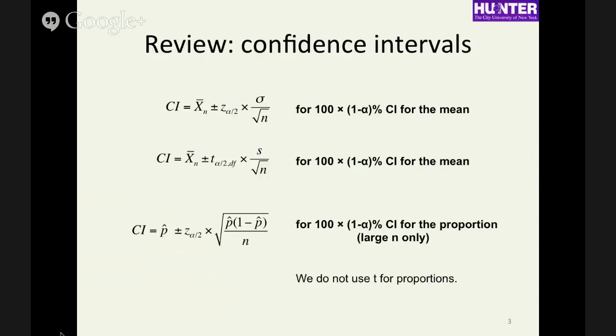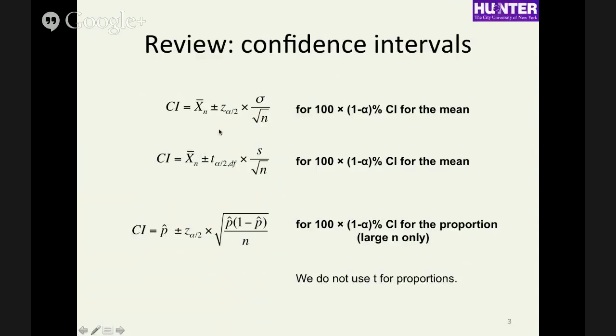There's something in the population which is a fixed parameter, but we only have limited information about it because we only have a small sample from the population to make our estimate from. So in building a confidence interval, the mean from our estimate, or the proportion from our estimate, always forms the middle of the confidence interval.